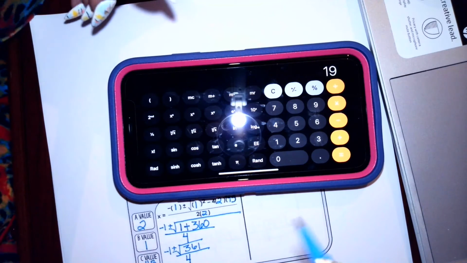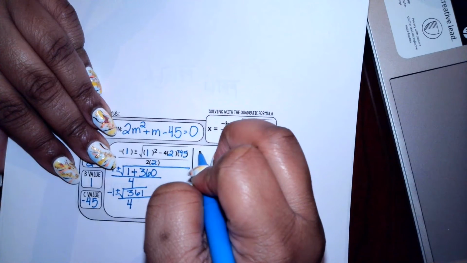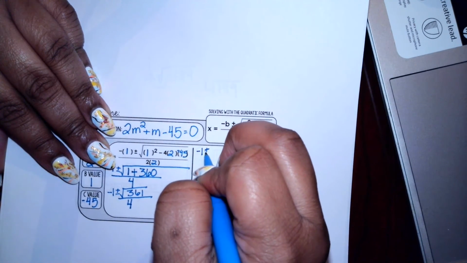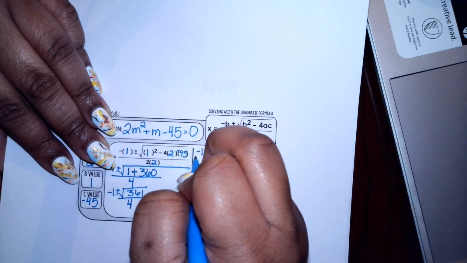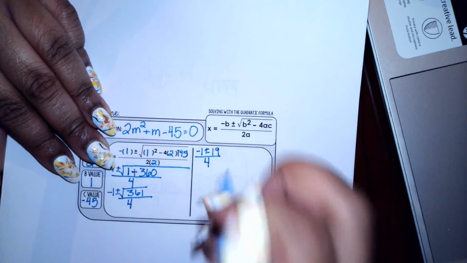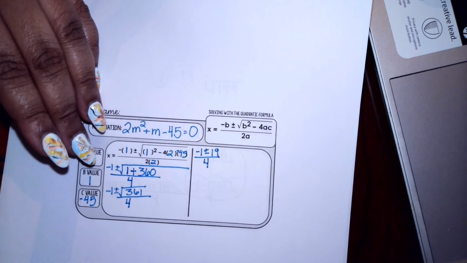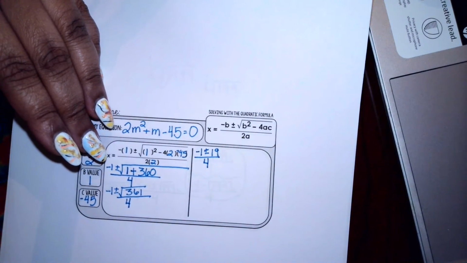All right, so the square root of 361 is 19. Cool. So what we're going to end up doing is rewriting -1 plus or minus 19 over 4. And can this be simplified anymore? No, it can't. So that's going to be our answer.